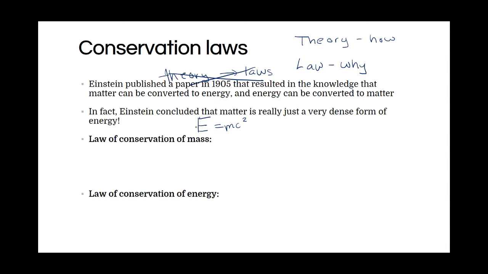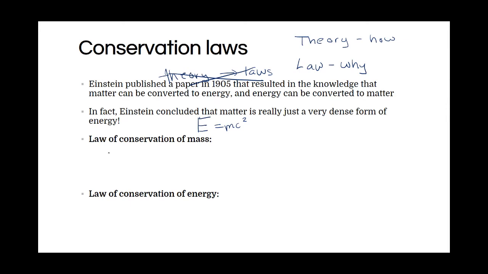So the energy is E and the matter is m. It actually stands for mass. And c is the speed of light, squared. So what he's saying here is that if you get something moving fast enough, it can become pure energy. Right? So mass can be converted to energy.